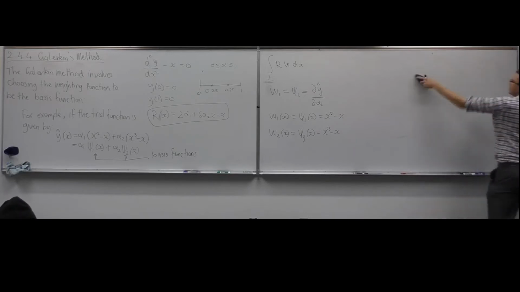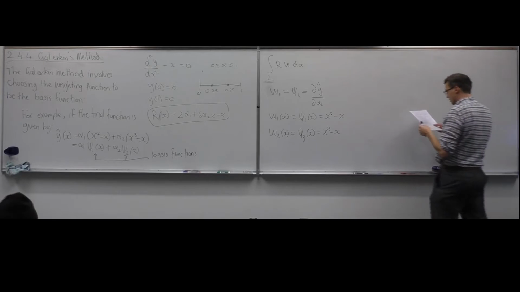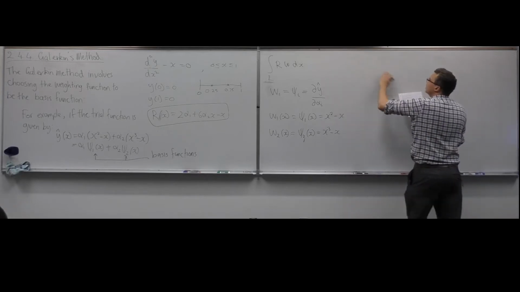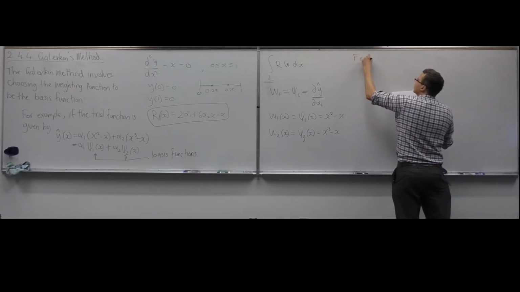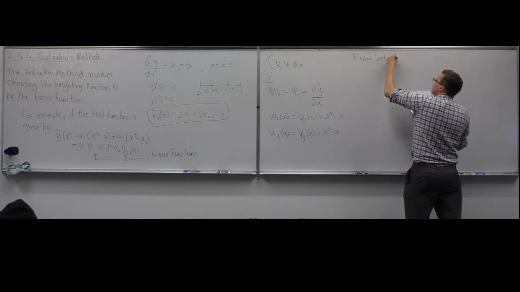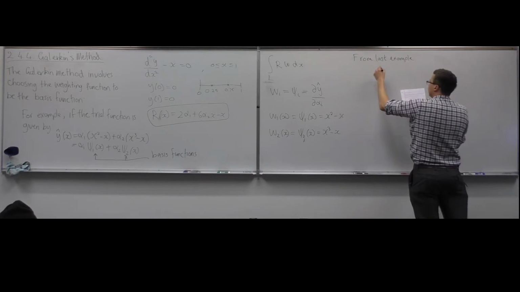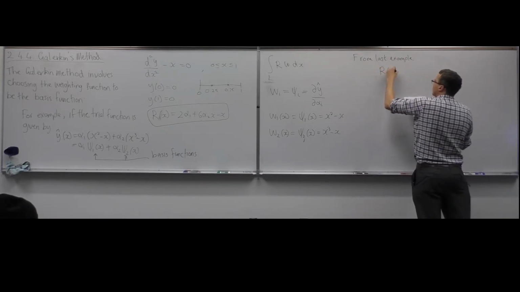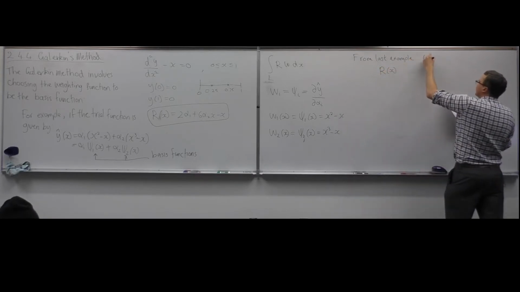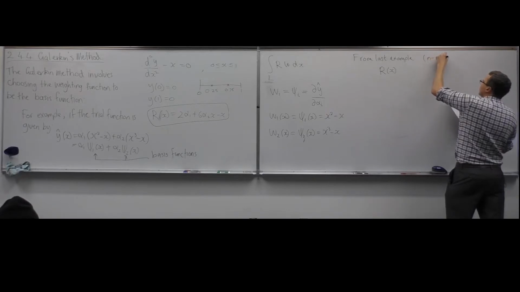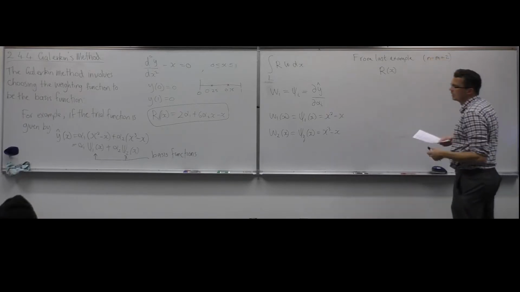And then from the last example, we worked out the residual equation for the case when we had n minus m equals 2 unknowns.